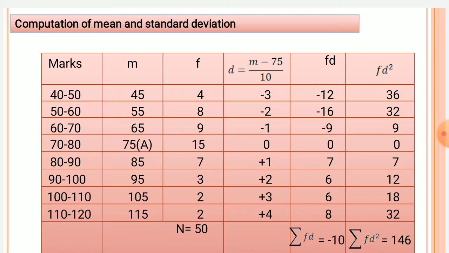And in the frequency column and third column, we have to calculate d. That can be done as x or m minus 75 by 10. So here m minus a by 10. 75 is taken as the assumed value. Now find 45 minus 75 by 10. What is 10? This is the magnitude of the class, the difference of the class interval in each case.